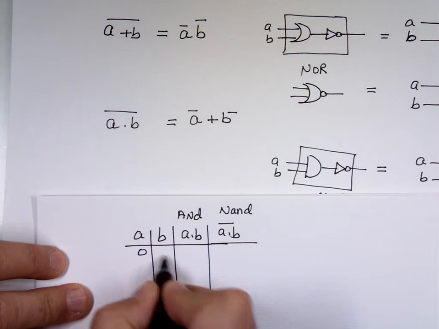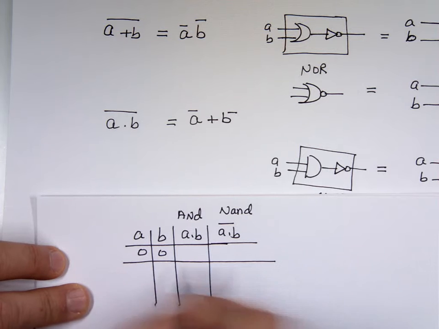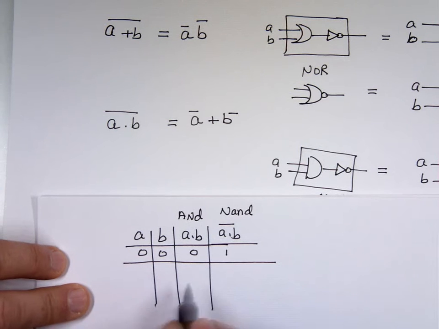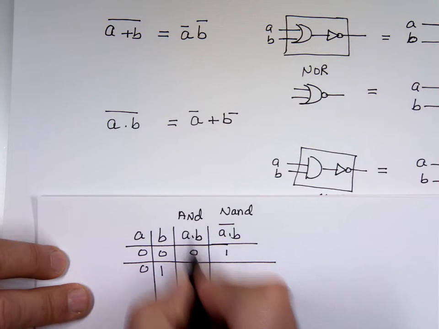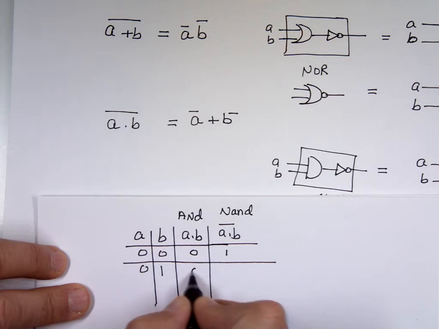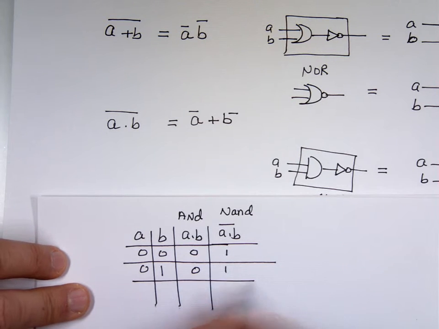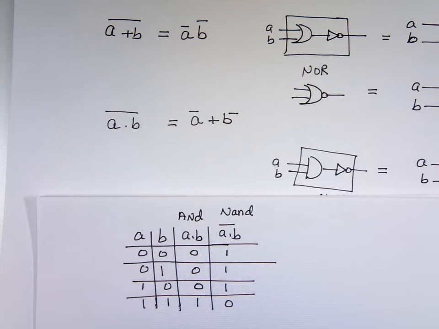When your inputs are 0 and 0, the AND result is 0. This is the complement of that. What's the complement of 0? 1. The AND gives 0, this one says 1. You're complementing the AND. 1 and 0 is 0, complemented, that's a 1. And 1 and 1 is 1, complement that, that's a 0.